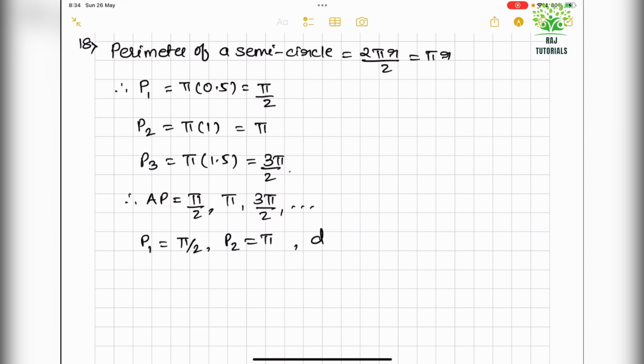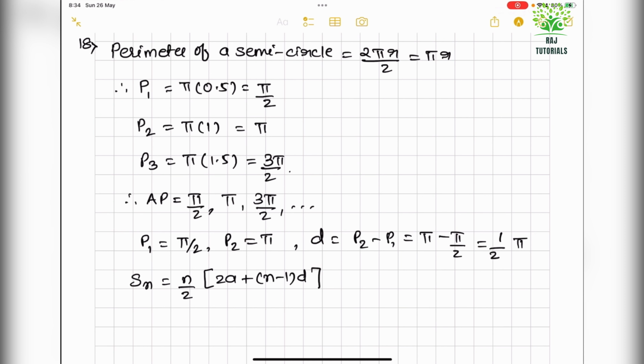So d will be P2 minus P1, that is pi minus pi by 2, so that will be half pi. Now Sn equals n by 2 into 2a plus (n minus 1) d.